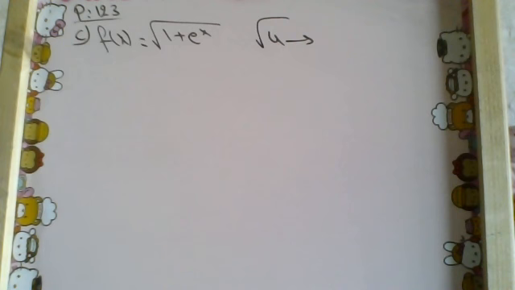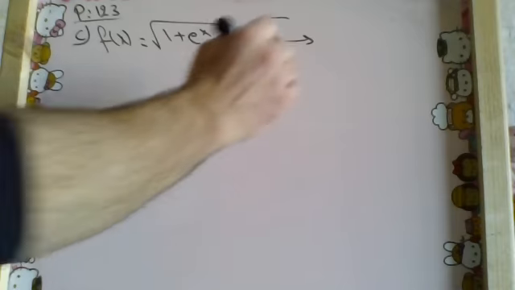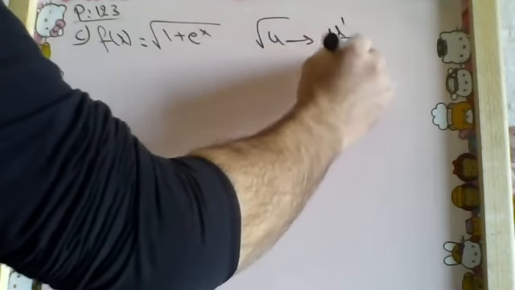1 over u square. لا. هذيك derivative of 1 over x negative 1 over x squared. Derivative of radical u is u prime over 2 radical u.